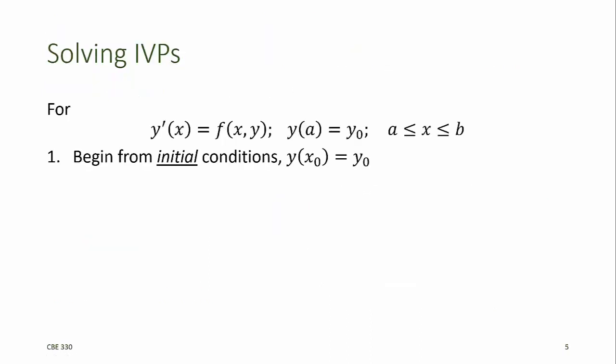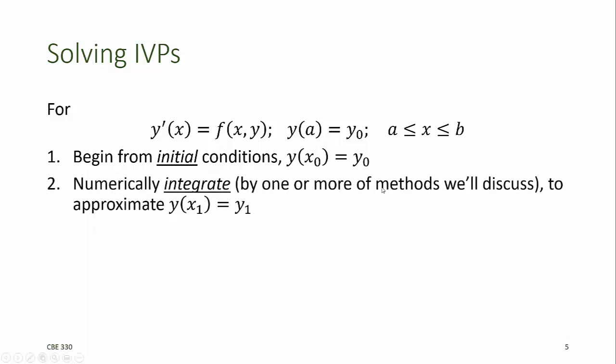In general, the methods that we will introduce for solving the initial value problems follow the same steps. We begin from some initial condition at which we know the value of the dependent variable, y, and then we numerically integrate by one or more methods that we'll discuss in this chapter to approximate the value of y at x1.